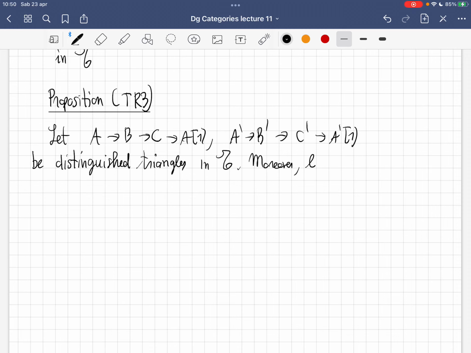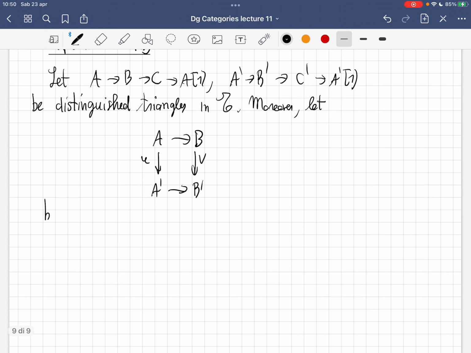Moreover, let this be a commutative square.